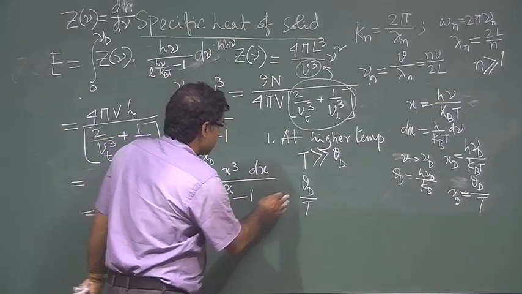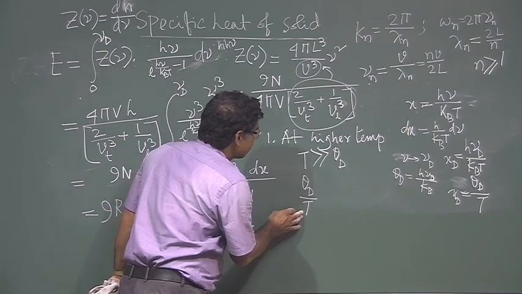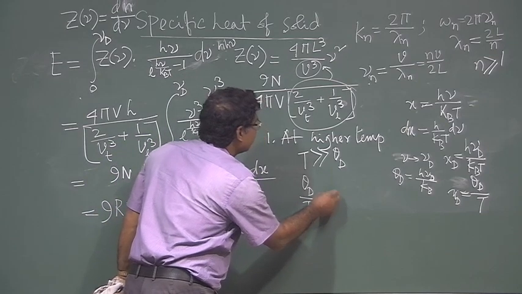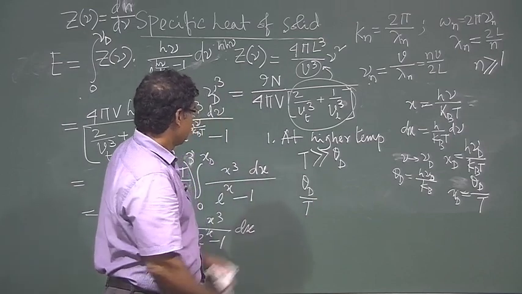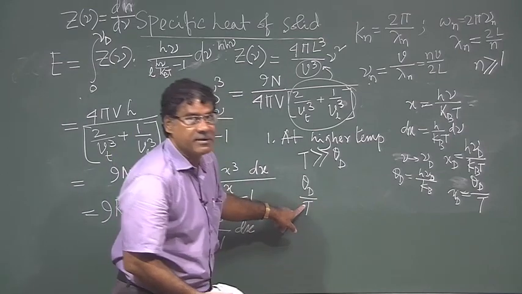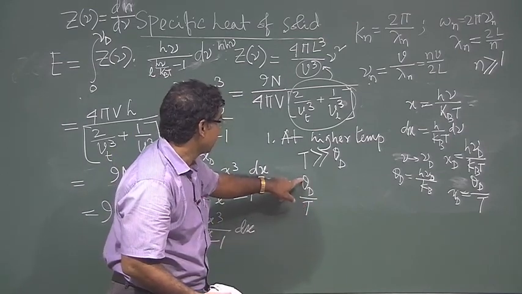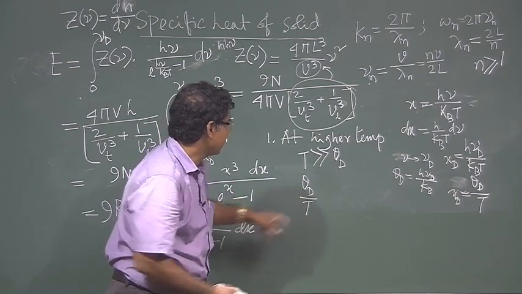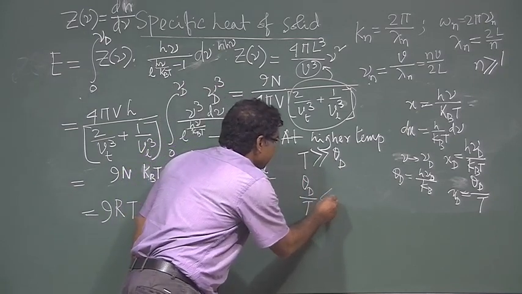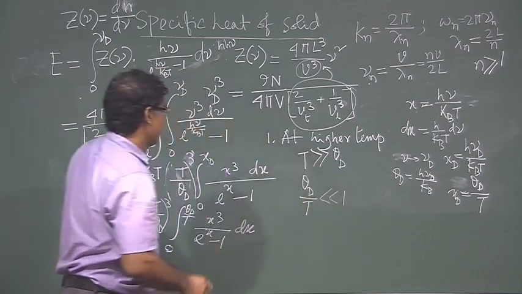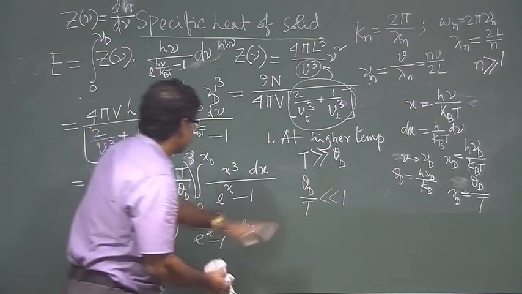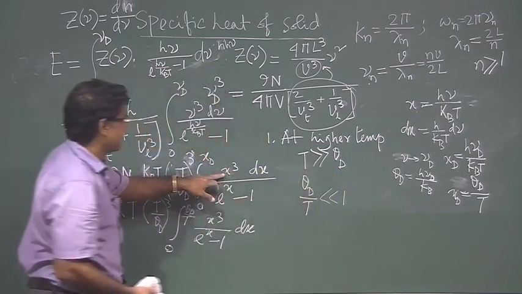Okay. So, t is very much higher than theta d, right. So, this theta d by t will be very much less than 1, and this is nothing but x, right.